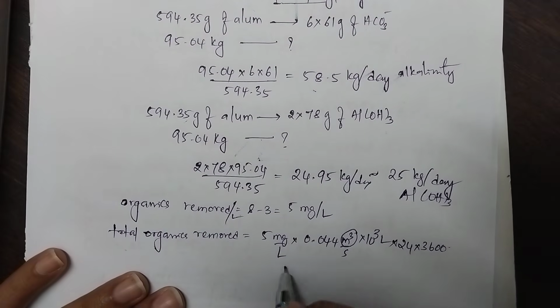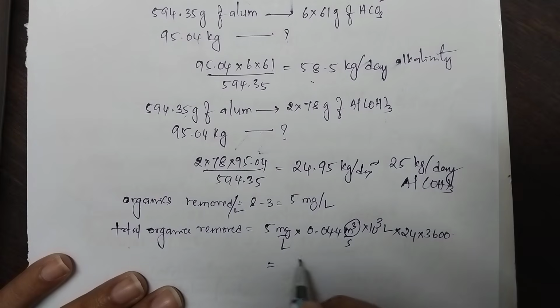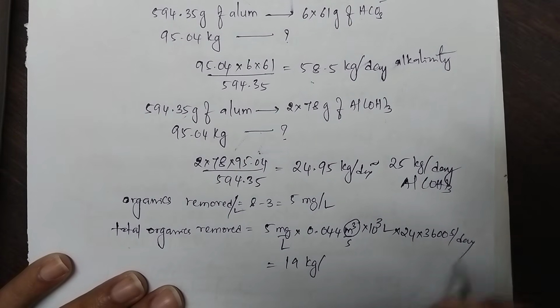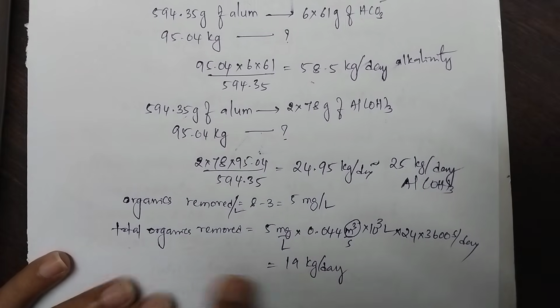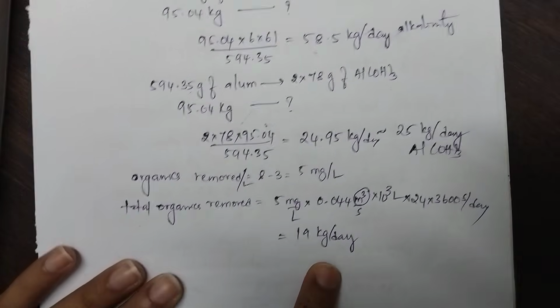If you multiply all together, you should get around 19 kg per day. So this much organics are being removed.